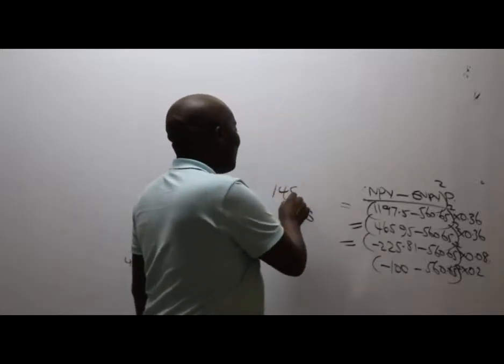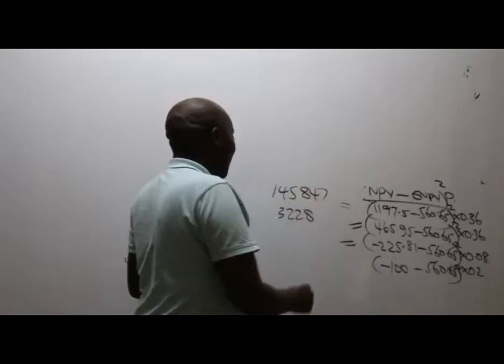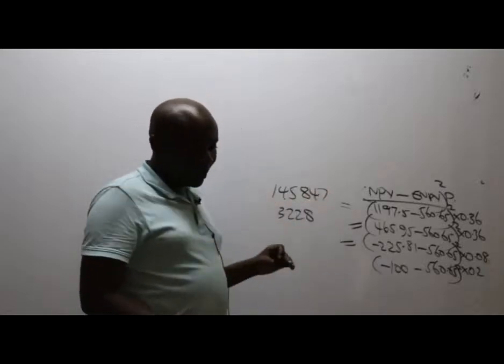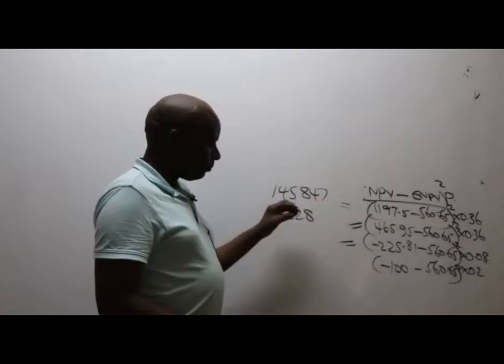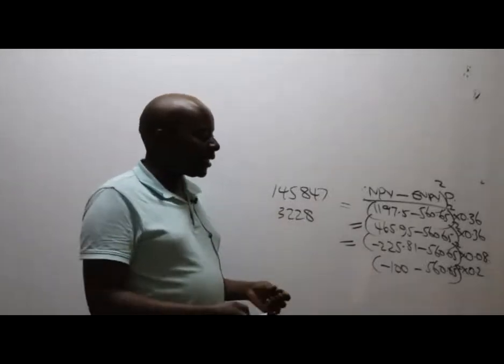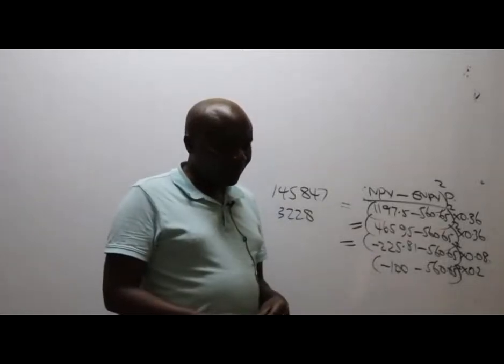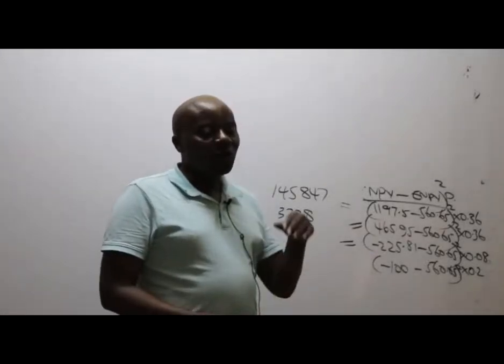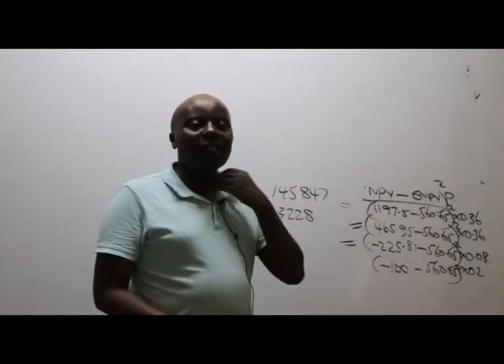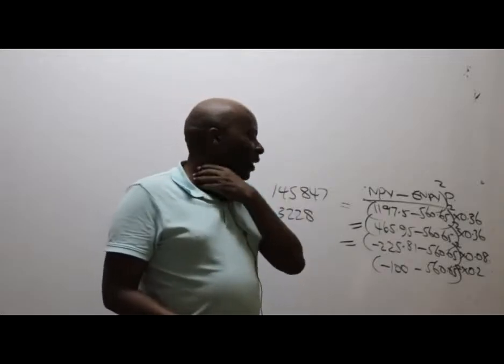Let's not fight. Let's just work with whatever figure you have there. Those are rounding off errors, because I'm aware some of you never used 560.65 there. We are children of the same mother. Let's go to the third one.